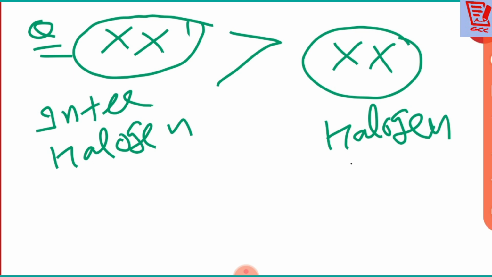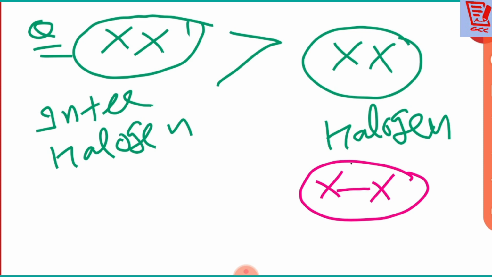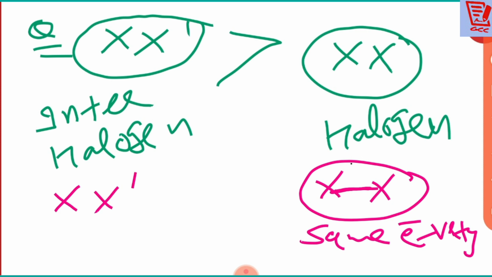The reason behind it is very simple. In X2, both have the same electronegativity. So with the same electronegativity, their bond will be strong. But here in XX', the two have different electronegativity. Is there a size difference also? Yes, the size difference is also there.